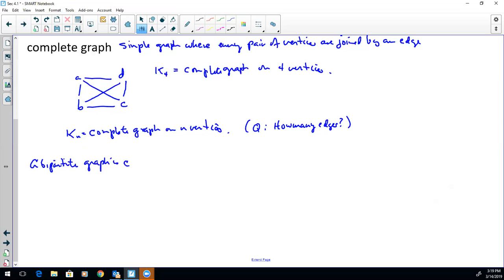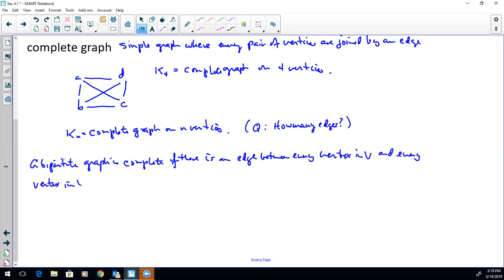A bipartite graph is complete if there's an edge between every vertex in V and every vertex in W. Okay, so let's go back to this.